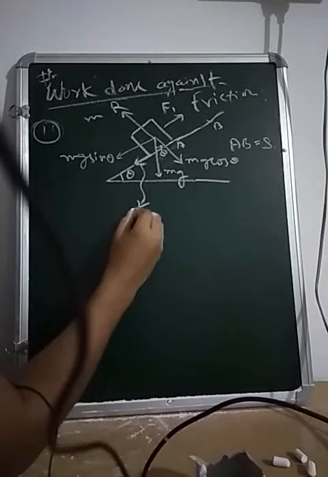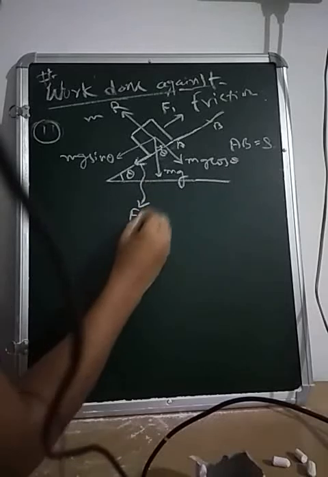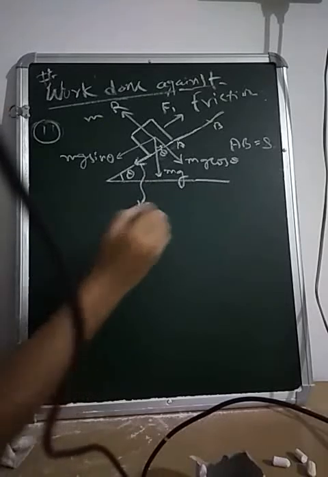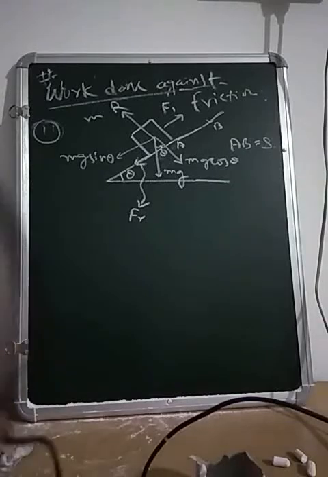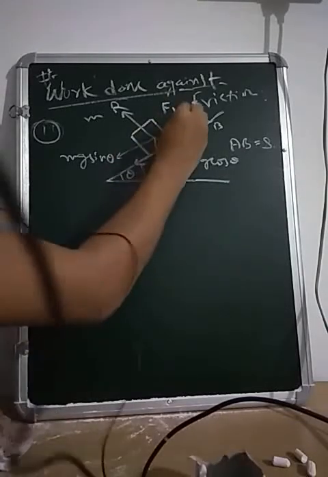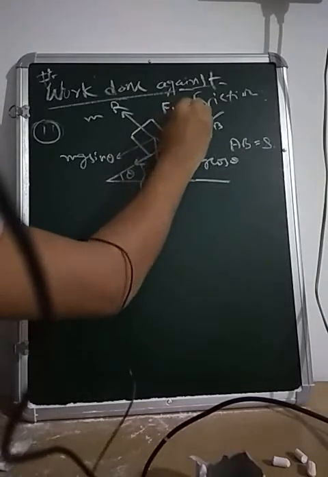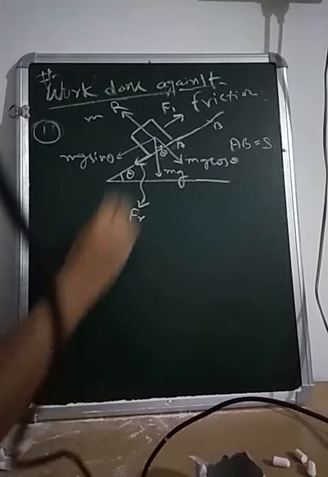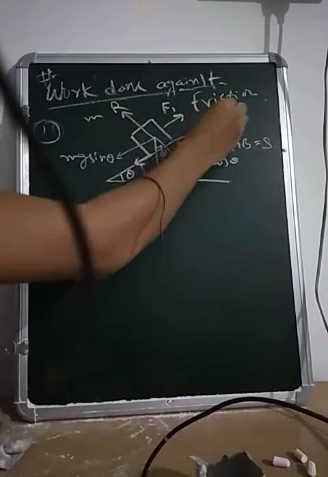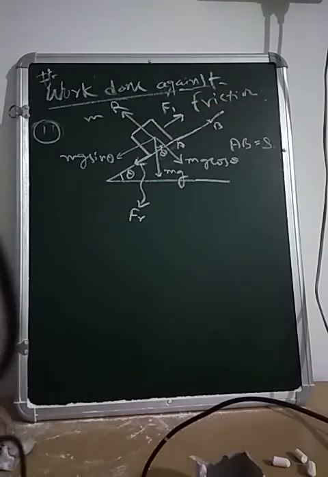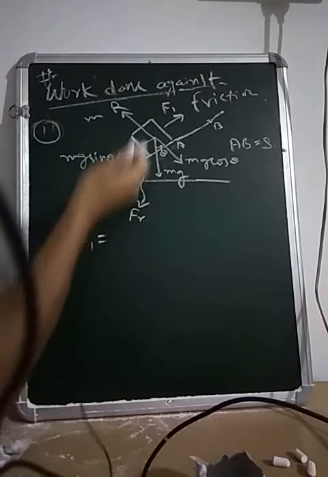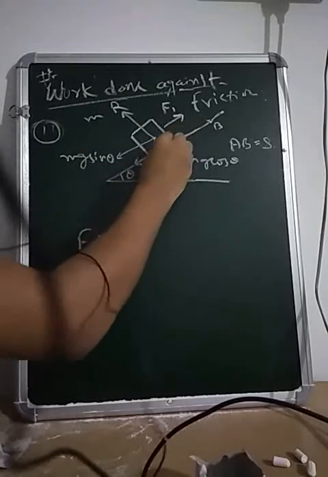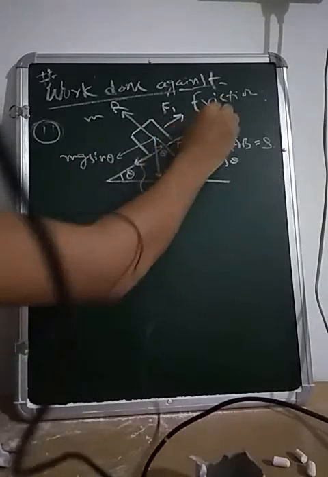So what will the friction be? Suppose I write the frictional force as Fr. How much force F1 is required to bring the body from position A to position B?